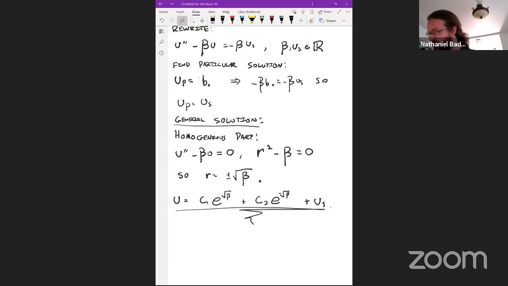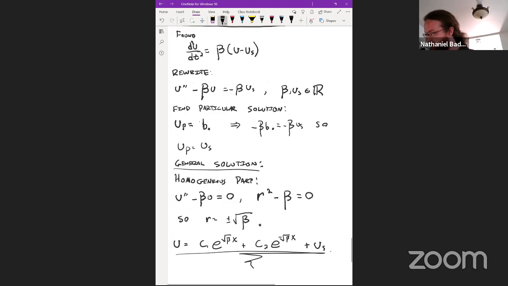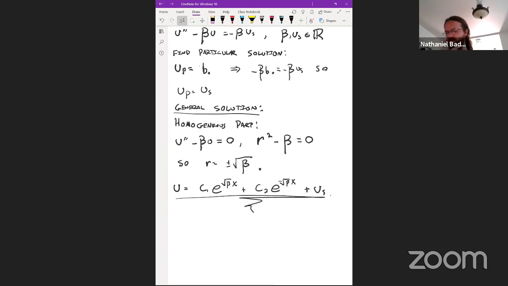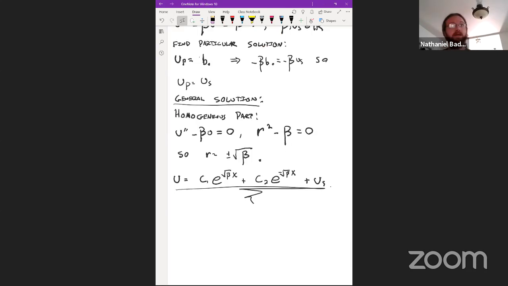The variable here is x. Sorry, that makes a little more sense. I was starting this going, that's a little worrying. Okay, yeah, good. So at equilibrium is the equation.